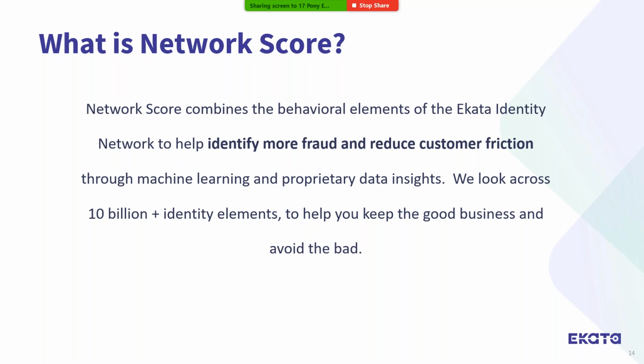Awesome. And what are some of the overall benefits that our customers can get using the network score in their models? Yeah, so the network score further enhances our identity engine's ability to do a bunch of things. First of all, help customers fight fraud and create less friction in the digital customer experience.